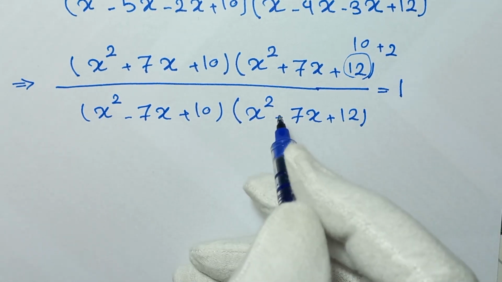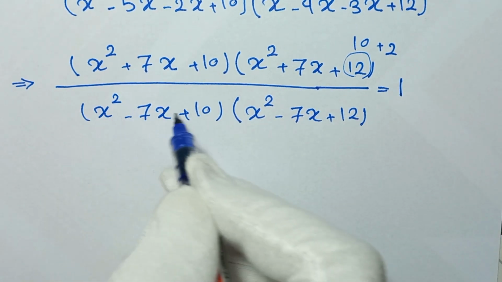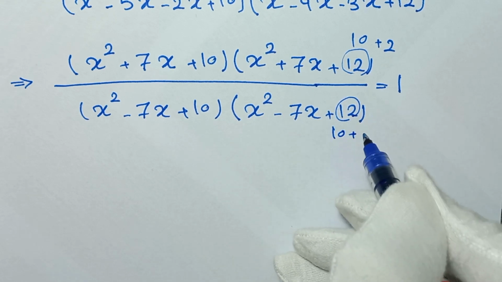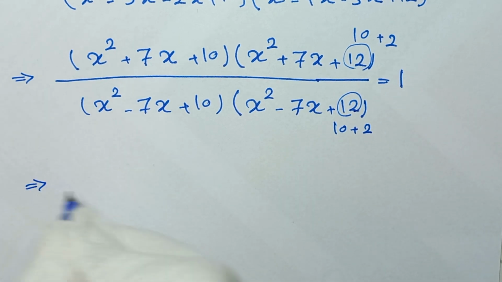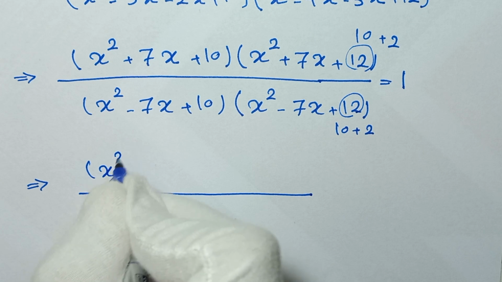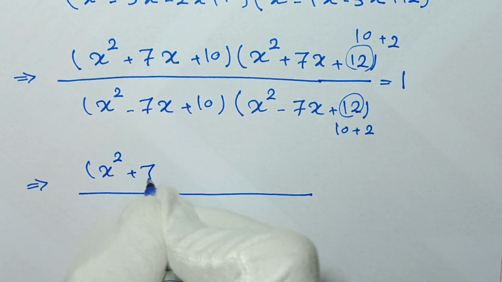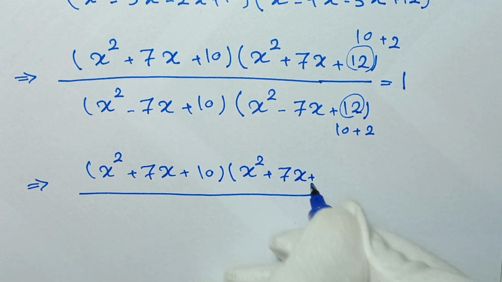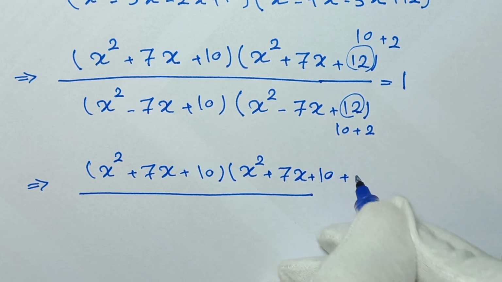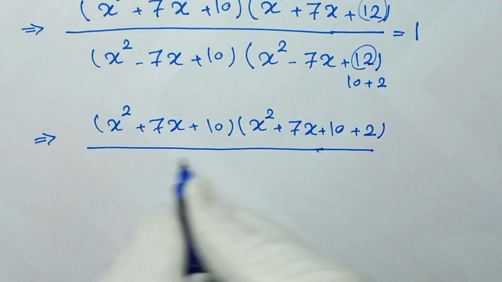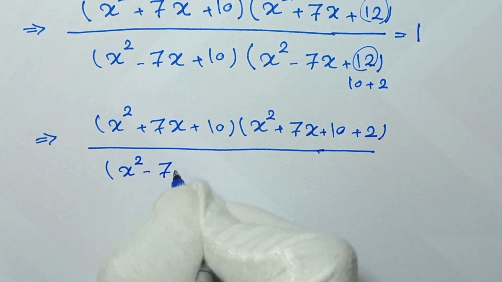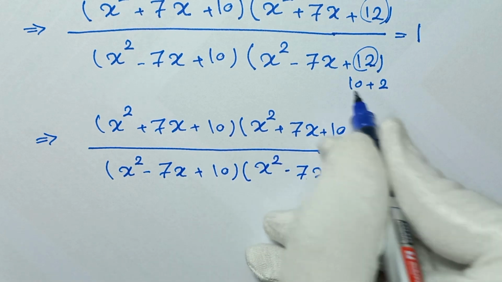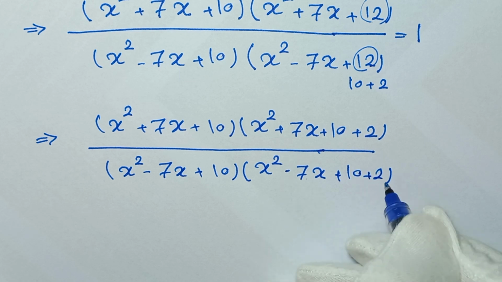Also for the denominator, we have x squared minus 7x plus 10, and x squared minus 7x plus 12, which we can write as 10 plus 2. So for the numerator, we have x squared plus 7x plus 10, times x squared plus 7x plus 10 plus 2. For the denominator, we have x squared minus 7x plus 10, times x squared minus 7x plus 10 plus 2, is equal to 1.